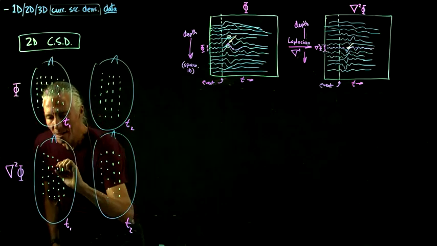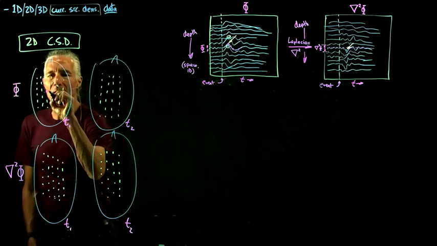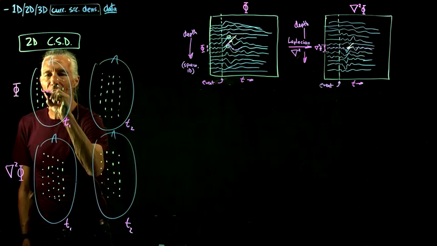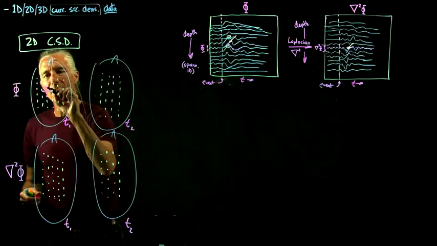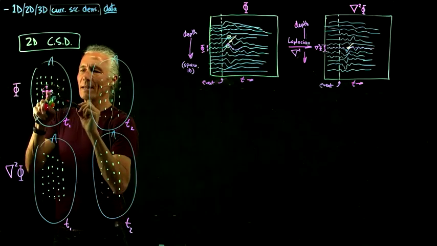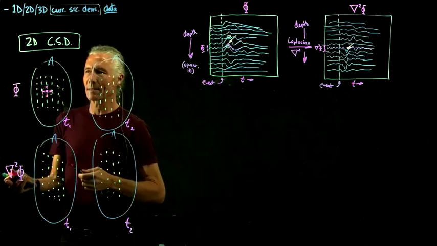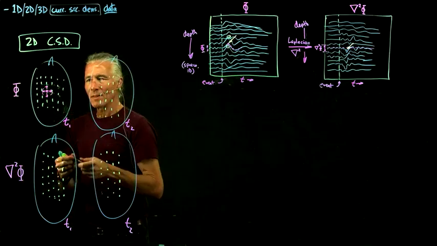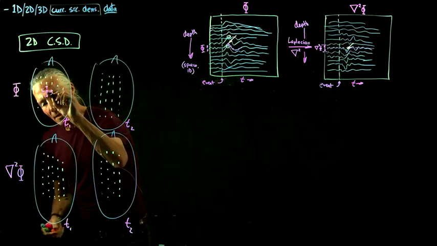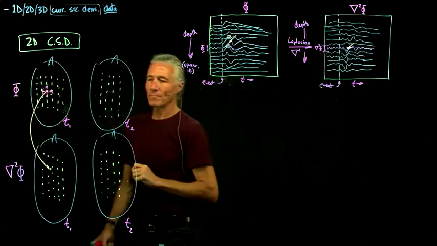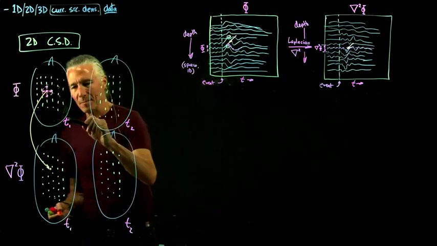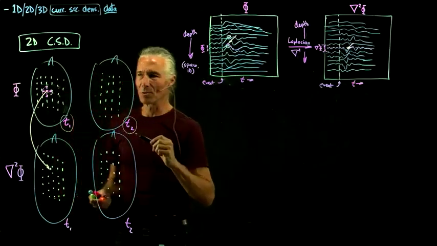Let's go out in the x direction, plus and minus, and average those. Go out in the y direction, plus and minus. Average all the neighbors, and then subtract that from the center point. That's essentially what this Laplacian operation is. After we've done that, we end up with a single value for that point at time t1, and then we do the same thing at time t2.